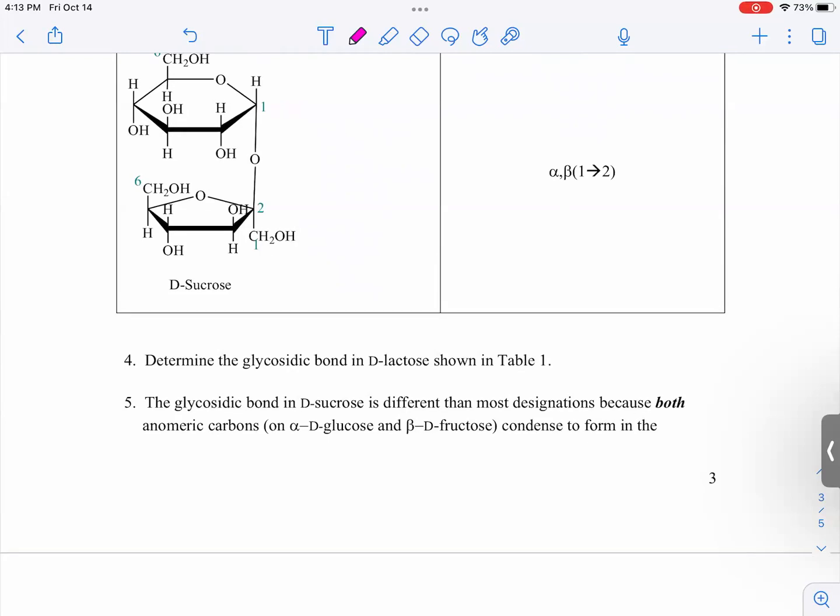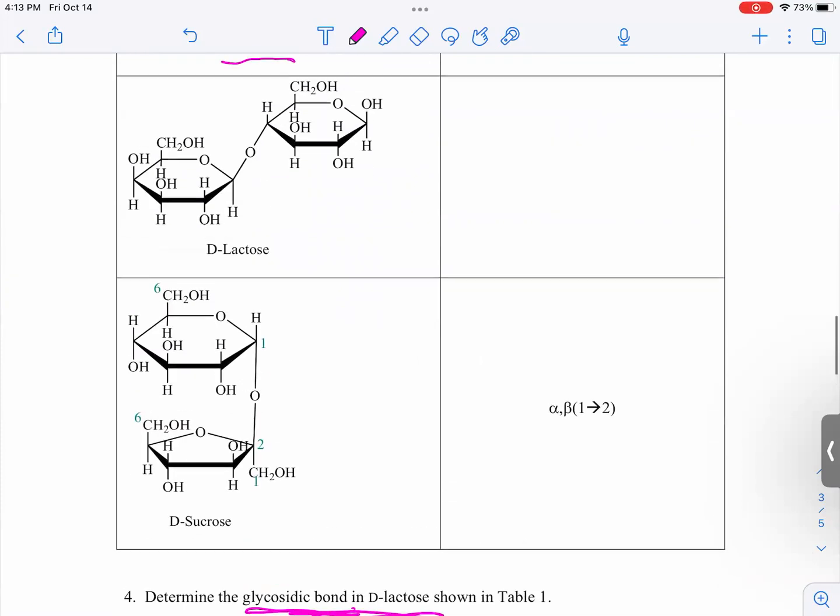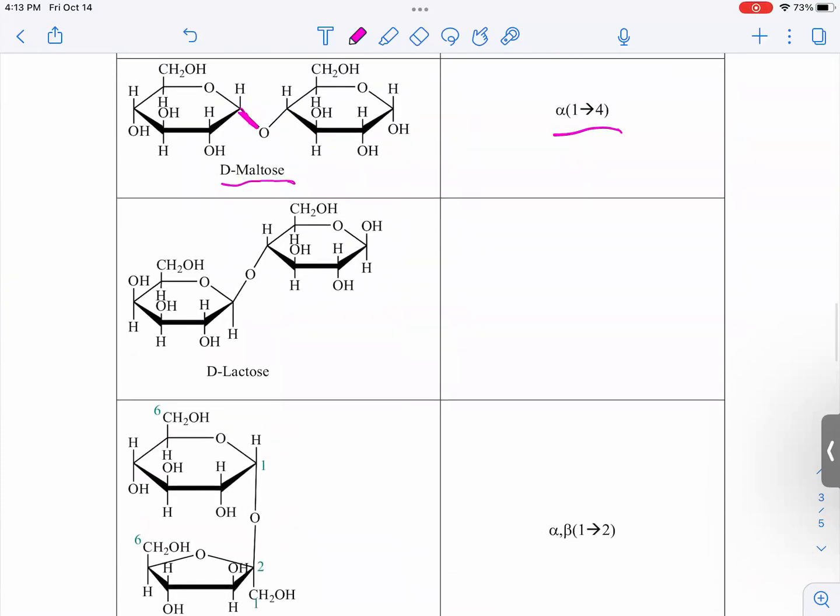They want us to determine the glycosidic bond in D-lactose in table 1. All right, so the glycosidic bond that's going to be happening in D-lactose, we find our anomeric carbons. So there's one here, right? There's an anomeric carbon here. This is the anomeric carbon that's involved in the glycosidic bond. And what's the orientation? Up. Carbon 6 group up.